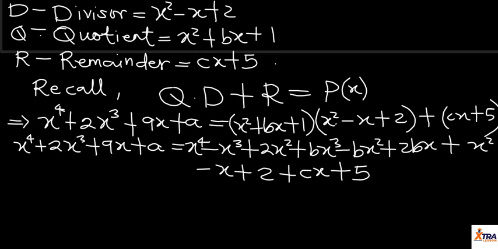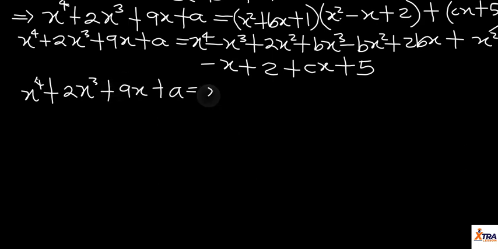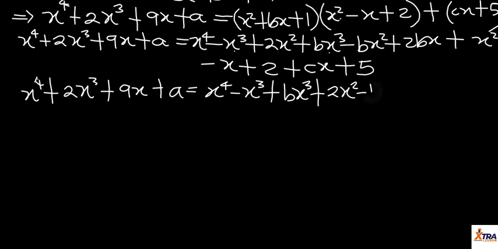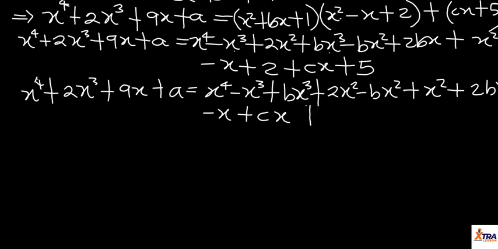Now we are comparing. We have x raised to power 4 plus 2x cubed plus 9x plus a. This is x raised to power 4. We look at the x cubed terms, we have this and this. We bring them together and factorize. We go to the squares. We have 2x squared, we have minus bx squared, and we have plus x squared also. And we go to the x's. We have plus 2bx, then minus x plus cx, plus 2 plus 5.